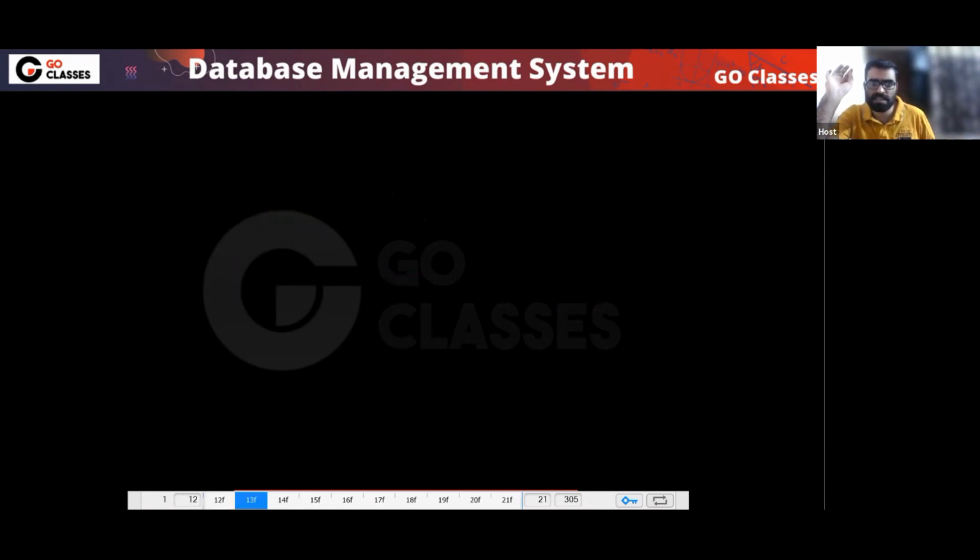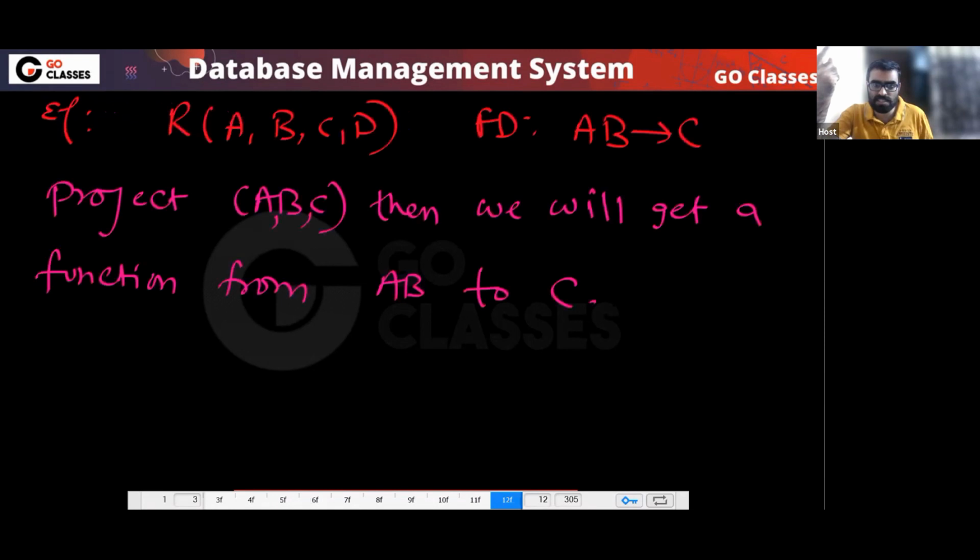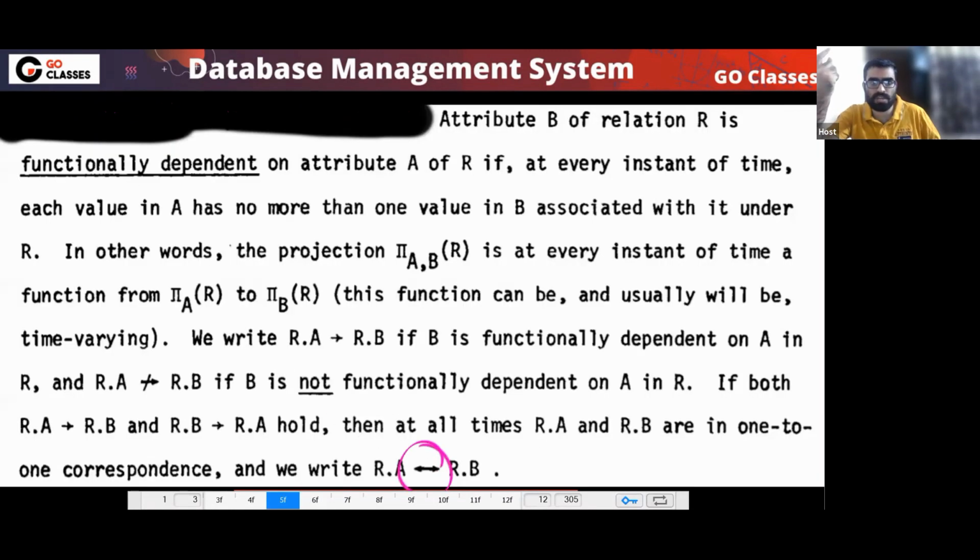You can notice functional dependencies are one way. Actually, this is another notation. This is not a popular notation, but it was given by Codd in his original paper. Codd was the person who defined the concept of functional dependency. You can notice in this screenshot from the original paper that this symbol is also given.